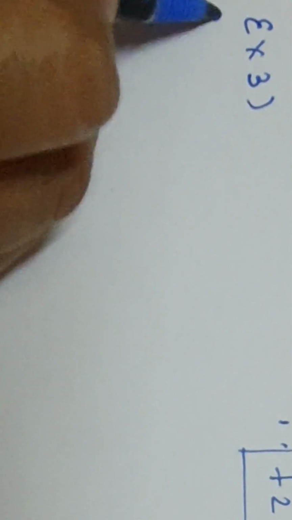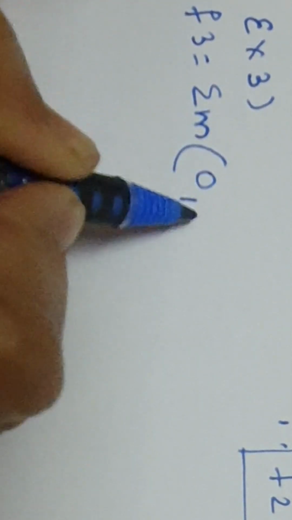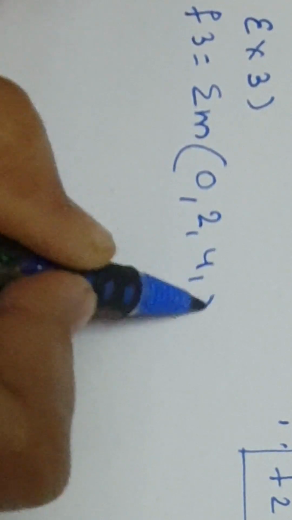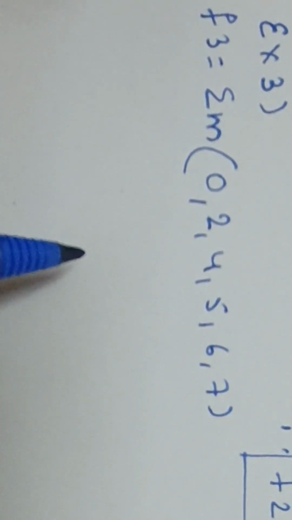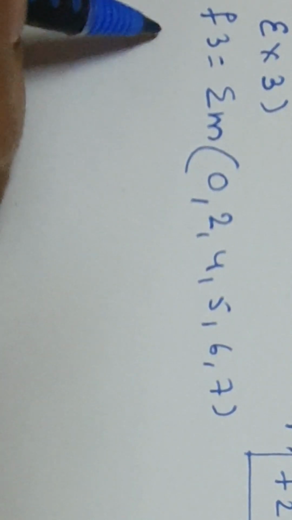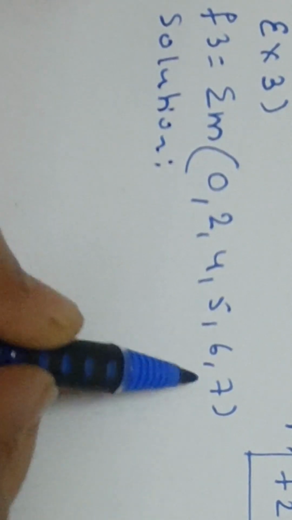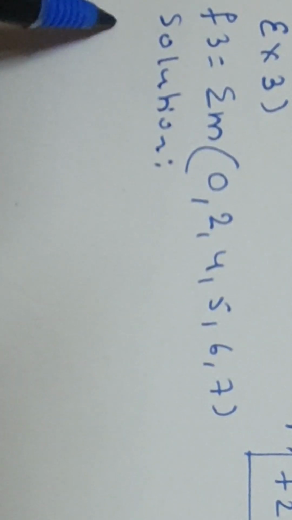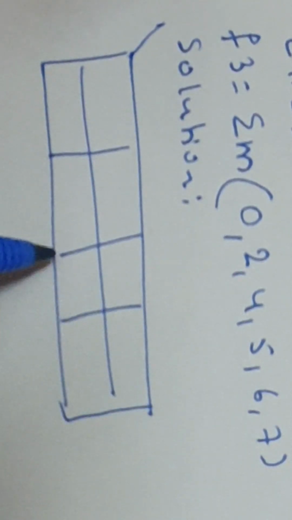Next we shall consider example 3, that is f3 equal to sigma m of 0, 2, 4, 5, 6, 7. How to simplify this using K map? For that we shall draw a K map of 8 squares because it is also of 3 variables, 2 raised to 3, 8 squares.